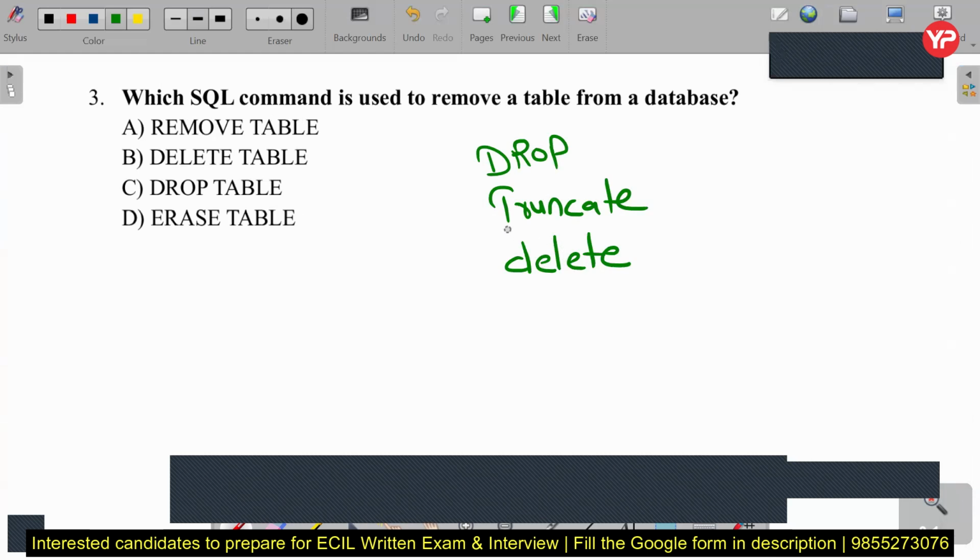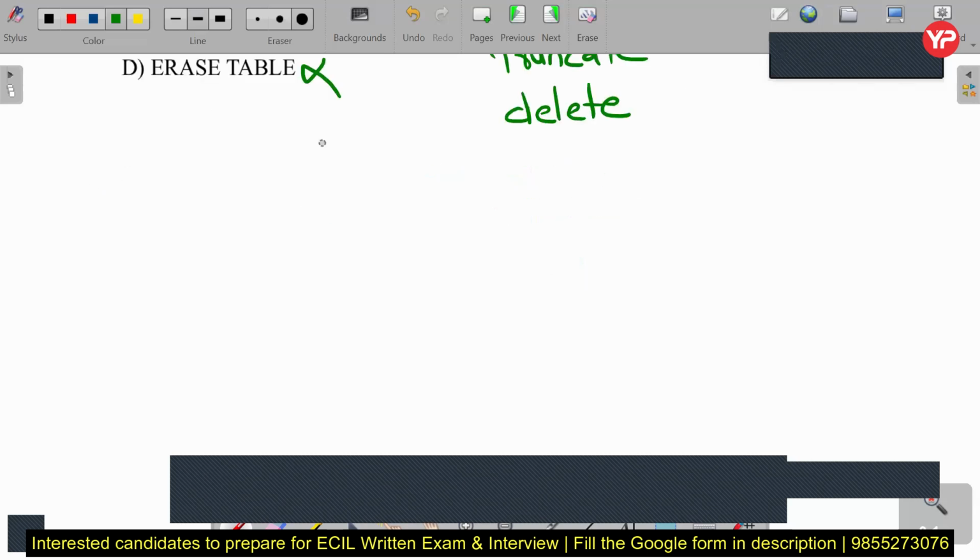If you want to remove the complete table, even the definition of the table, then you have to use the drop command. There is no such command called erase. Delete is used to remove a single record, and there is no concept of remove table. That's why the correct option is C.